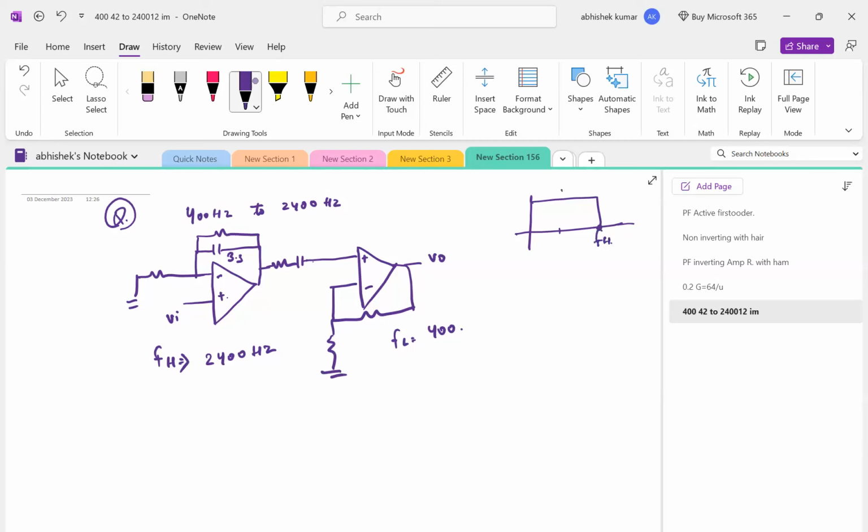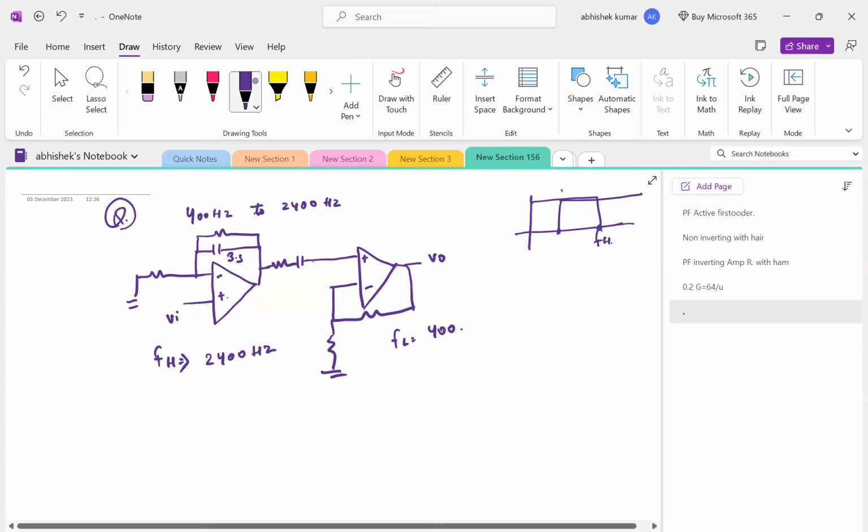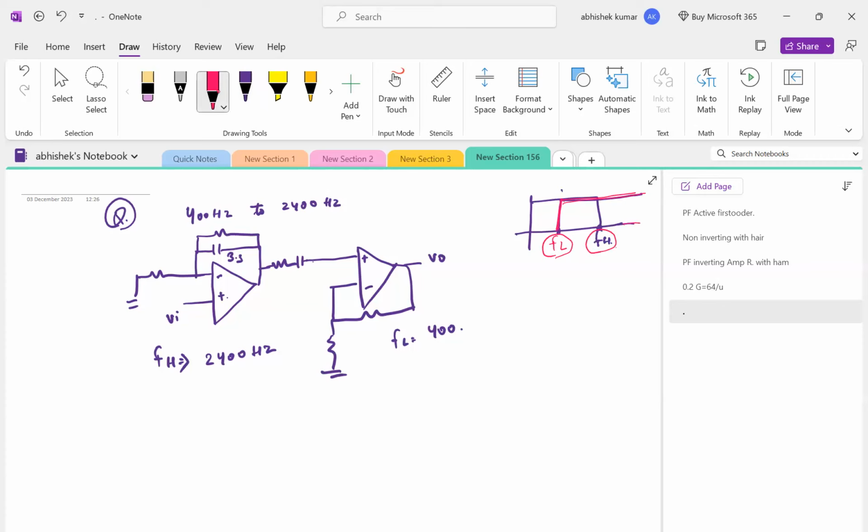Your high pass filter will be like this, drawn in red: after a certain frequency we allow the signal to pass, whereas in the low pass we do not allow the signal to pass after a certain frequency. Since FH is greater than FL, we denote it with FH.